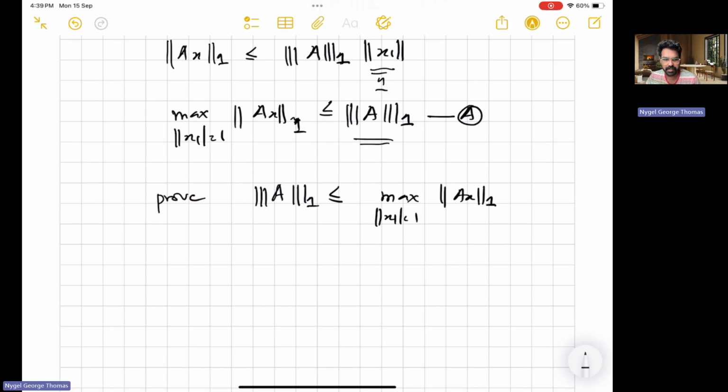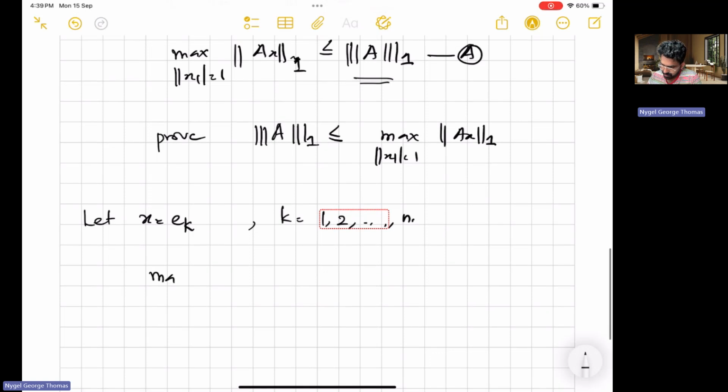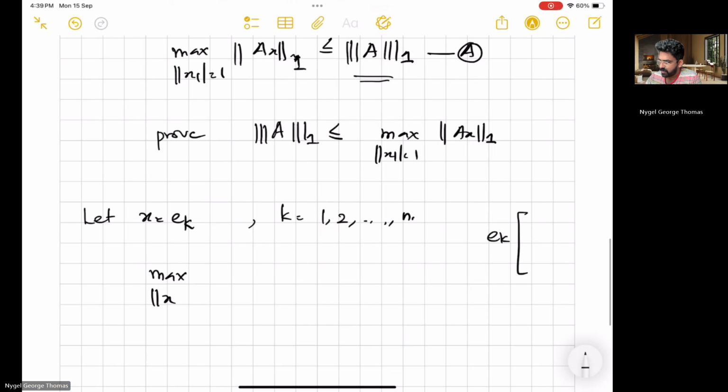To prove the second part, let x equal to ek, where this is a canonical vector, for k equal to 1, 2, etc., n. So we're taking the canonical vectors. Note that ek is 0, 0, 1, 0, 0, where 1 is the kth entry. This is also a valid, feasible vector.